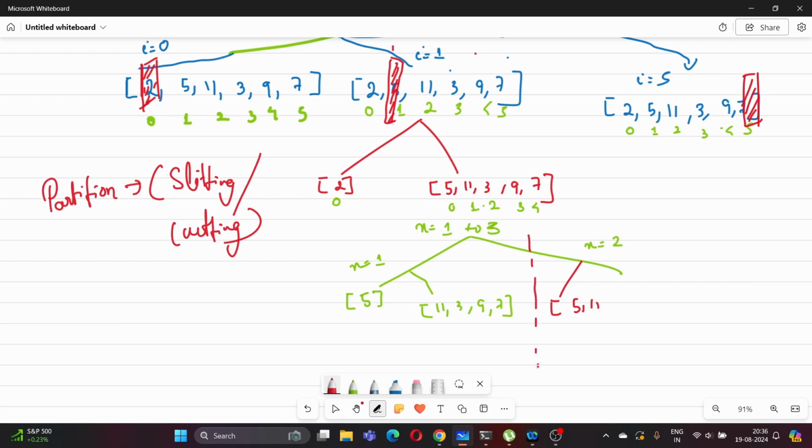Just to differentiate that we are doing it for a different case, I'm putting this line between 5, 11, and 3, 9, 7. And let's say x is equal to the last one, x is equal to 3. Same thing: 5, 11, 3, 9 and 7. Makes sense.